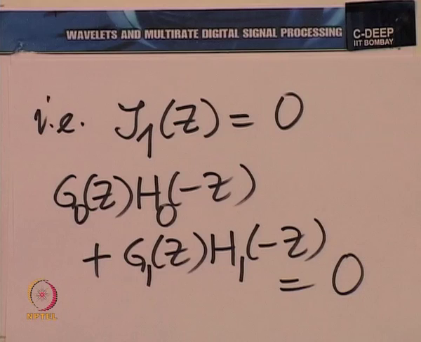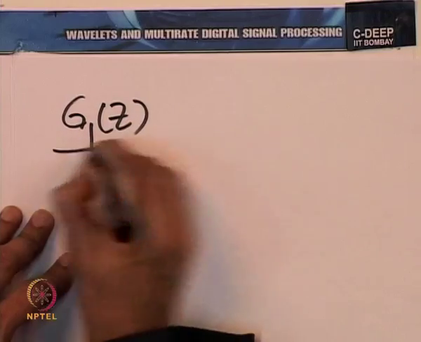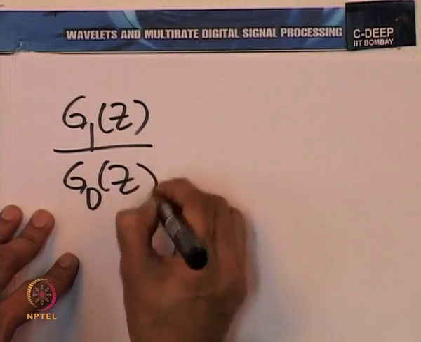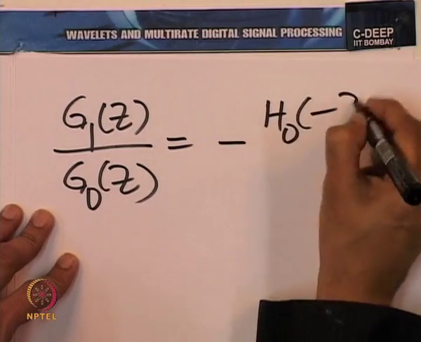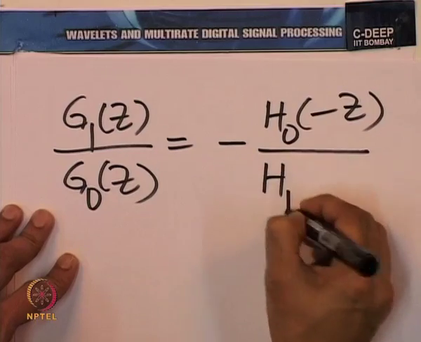And in fact, if we wish to explicitly express the synthesis filters in terms of the analysis filters, we could do that as well. Let us rearrange this equation to get G 1 z by G 0 z is minus H 0 minus z by H 1 minus z.